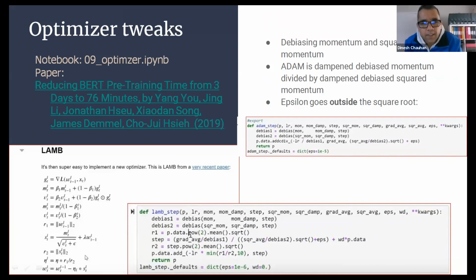And isn't that what he was doing during the lesson as well, putting the epsilon inside the square root? Yes, he was putting the epsilon inside the square root. What I do see is that this formula here in code is not consistent with the formula written out here. So I need to think about that some more and resolve that.